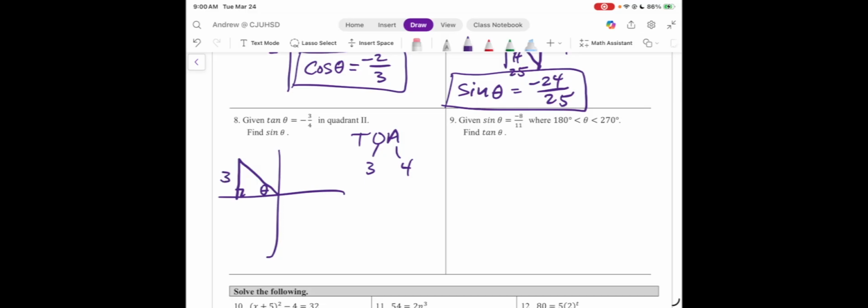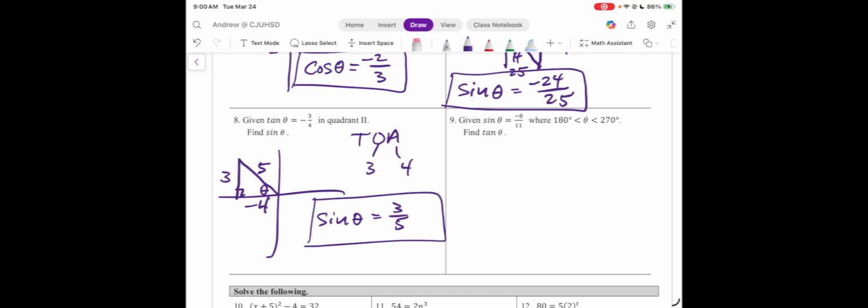But 4 would be the negative because I'm going left. You recognize that? That's a 3, 4, 5 triangle. Hypotenuse is 5. Sine is 3/5. All positive.